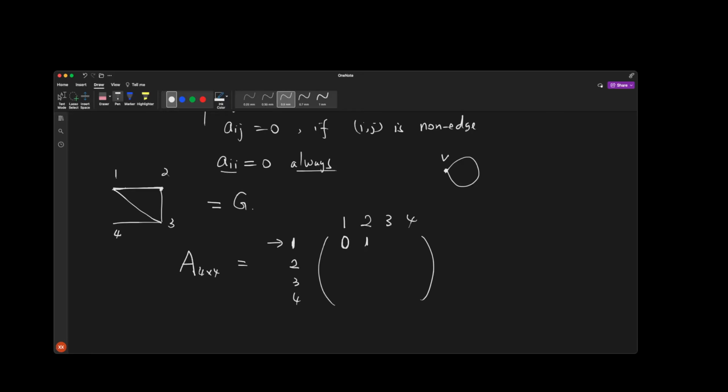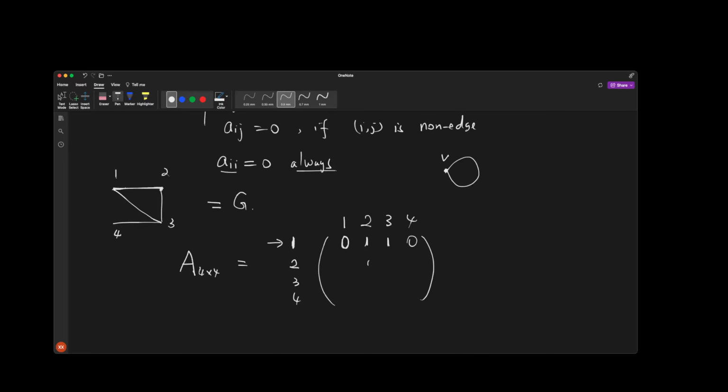So it represents which vertices vertex 1 joins. You have 1, 2 and 1, 3, 2 edges. So you see this position should be 1, this should be 1, and this position is 0, because 1, 4 is not an edge, it is a non-edge. Okay? So similarly, how to fill the second row.